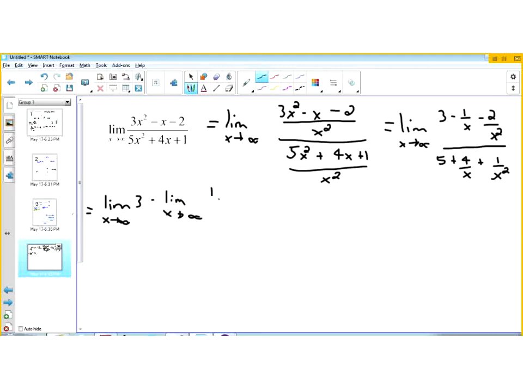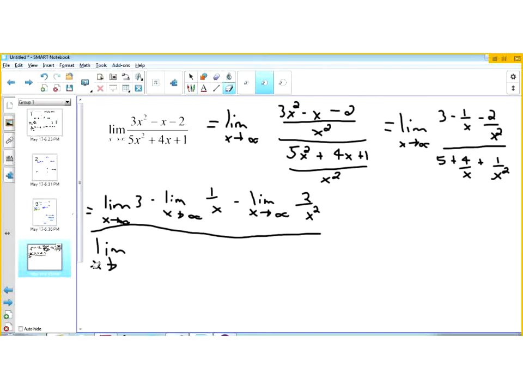This is x approaches infinity of 1 over x minus the limit as x approaches infinity of 2 over x squared, and then we'll have the limit as x approaches, oops, it got kind of sloppy there, didn't it?